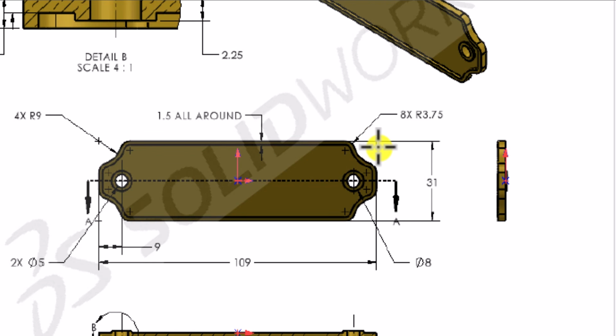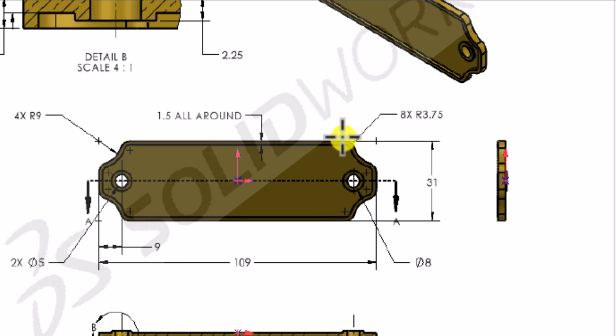This plus sign shows the center point of the arc. And you can see that this center point is in line with the horizontal and vertical edge. So that's the constraint that we are looking for. You can see this is a horizontal line showing that the center point is in line with the top edge of the geometry.